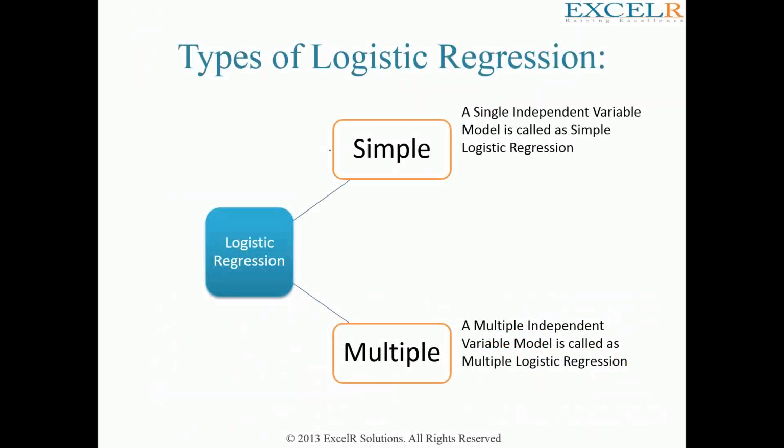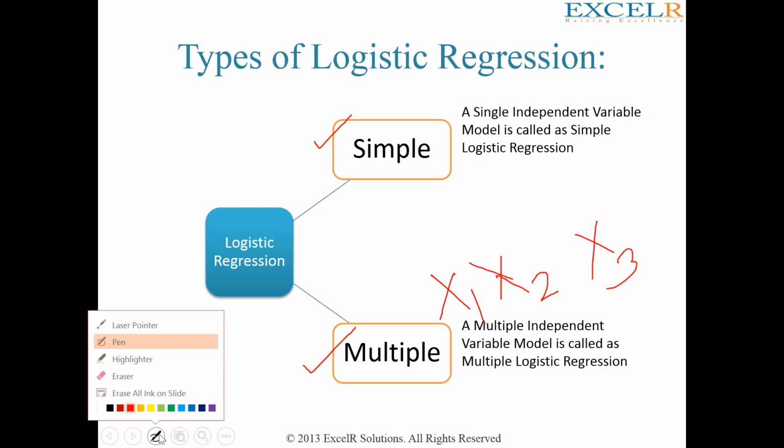Within logistic regression, you have two things: one is simple, another is multiple. If you have a single independent variable, it is called simple logistic regression. If you have multiple independent variables such as x1, x2, x3 and so on, it is called multiple logistic regression.